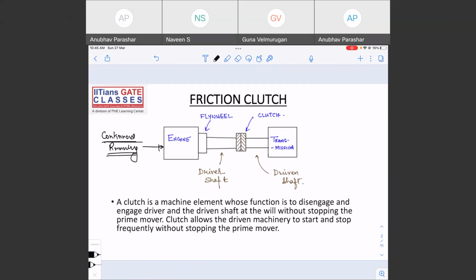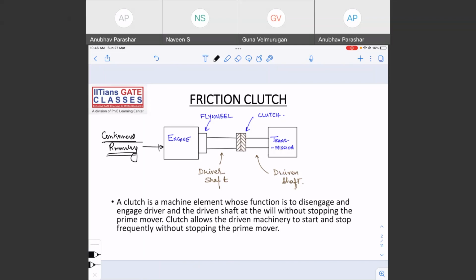The transmission helps in transferring the power from the engine to the wheels. So that is the role of the transmission and the engine. The gearbox will be situated in the transmission assembly.